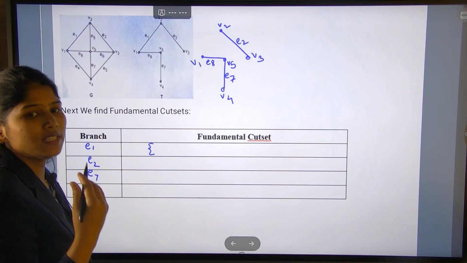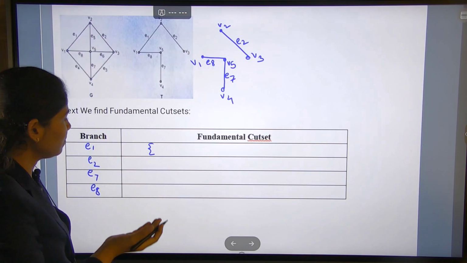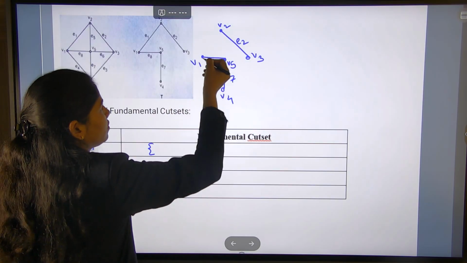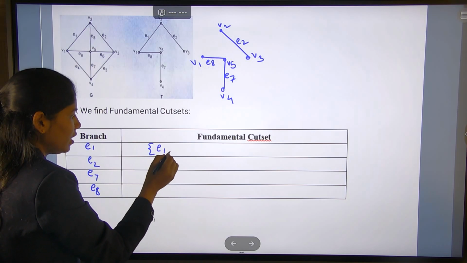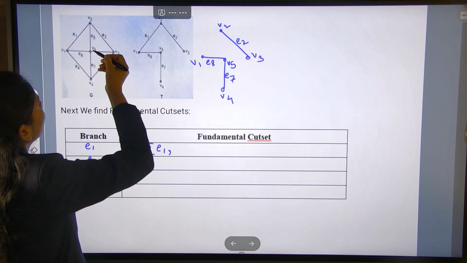The edges that connect those disconnected components come in the fundamental cut set. So first one, E1 itself is a fundamental cut set. So write down E1 first, then check all other chords.